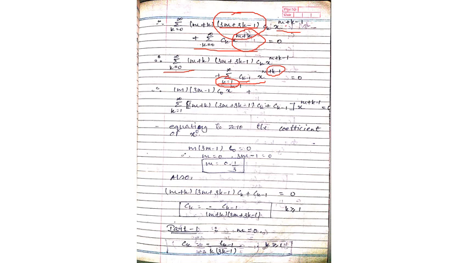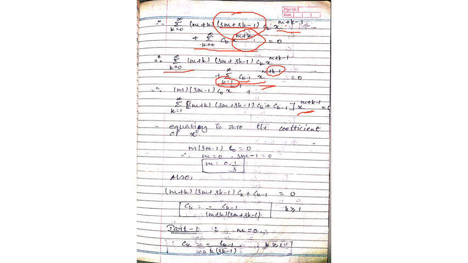Now these both terms are similar and it is starting from k equals to 1. So the final term will be the sum from k equals to 1 to infinity of the bracket m plus k into 3m plus 3k minus 1 whole bracket into c k plus c k minus 1 bracket over, into x raised to m plus k minus 1 equals to 0. Okay.